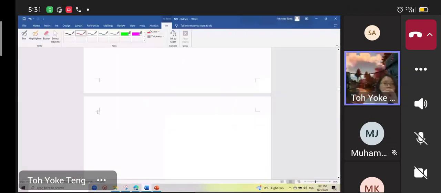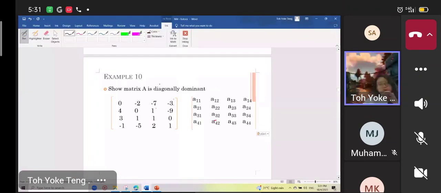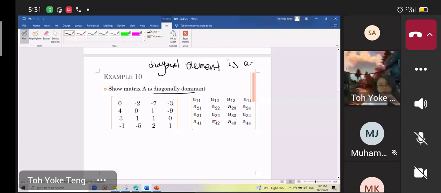So as refers to this example, based on the definition for the diagonal elements, that means that the diagonal elements have to be the maximum number for each row. So as refers to here, for sure you know that 0 is less than the summation of 2 plus 7 plus 3, 0 is less than 10 here.